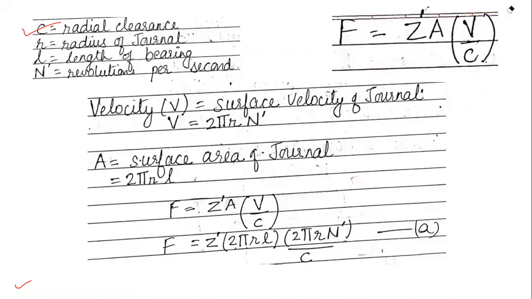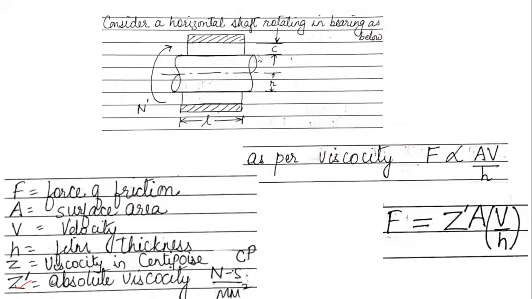Now, moving on further, we saw in the diagram that small r was the radius of the journal, L was the length of the bearing, and N dash was RPS, that is revolutions per second. Let me take you back to that diagram.